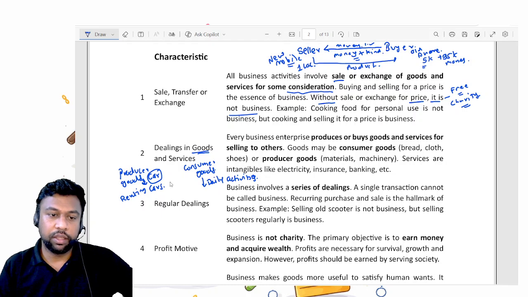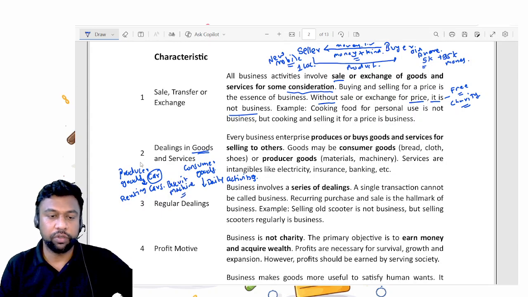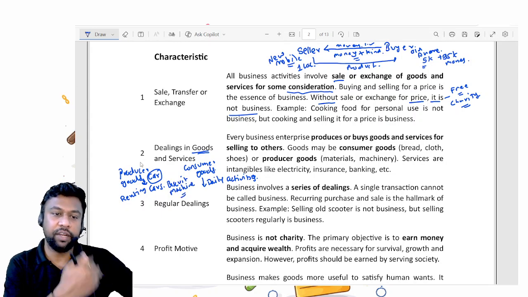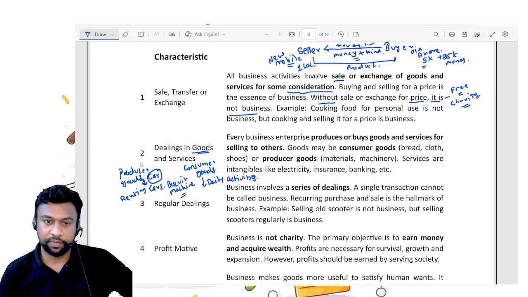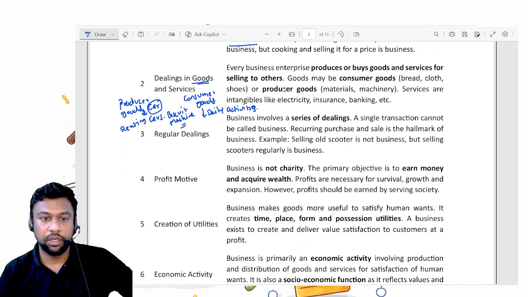There is one person who wants a biscuit making machine, so that is a producer good. Goods that are meant for producers, like that. Hope you have understood this.